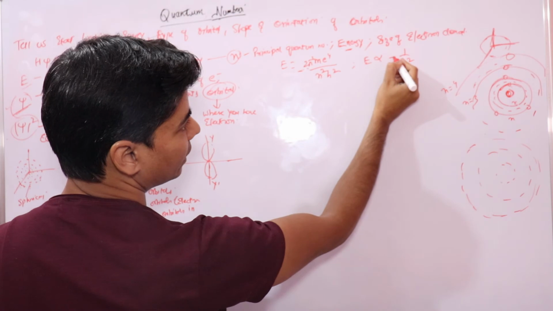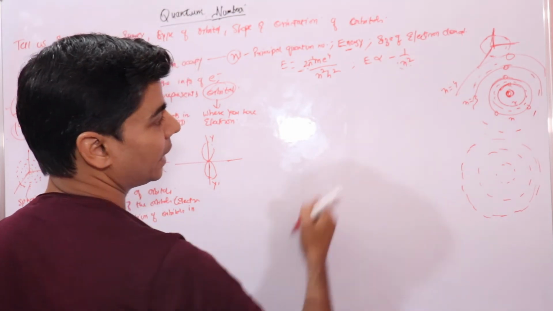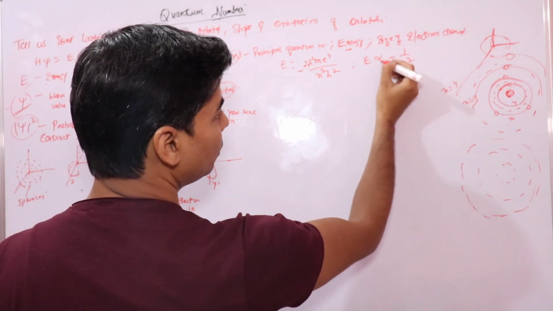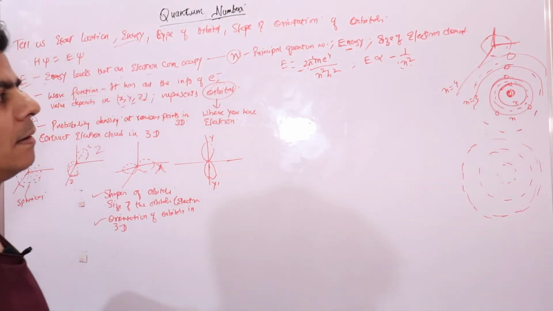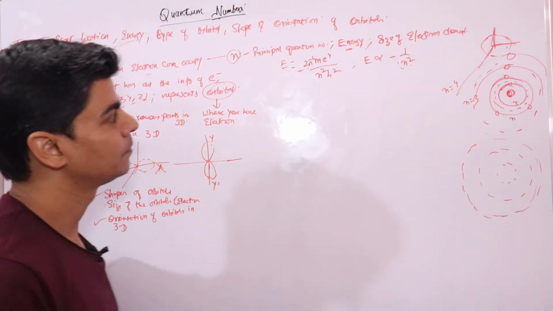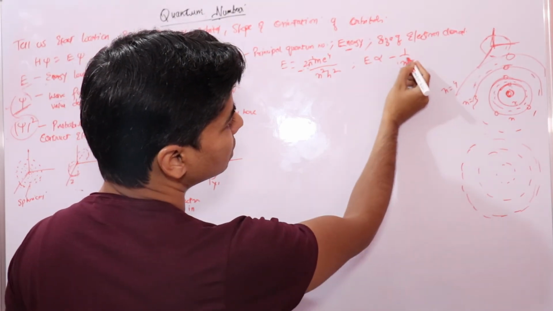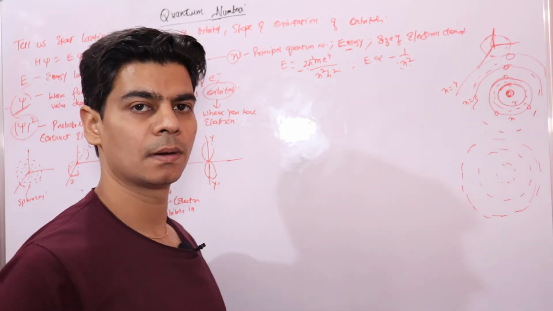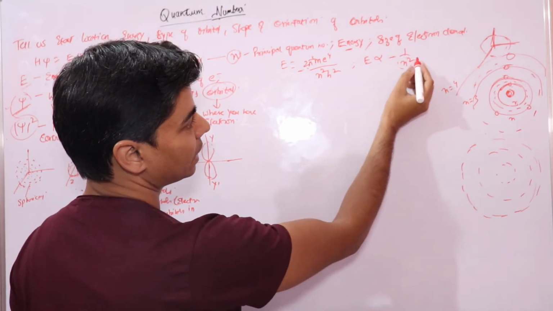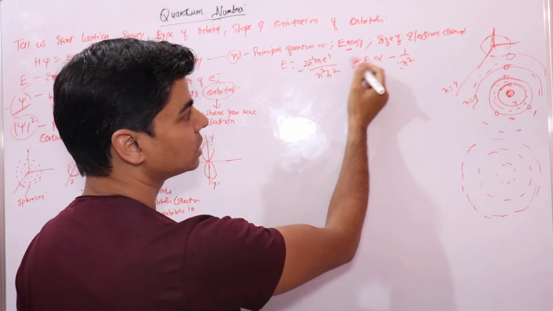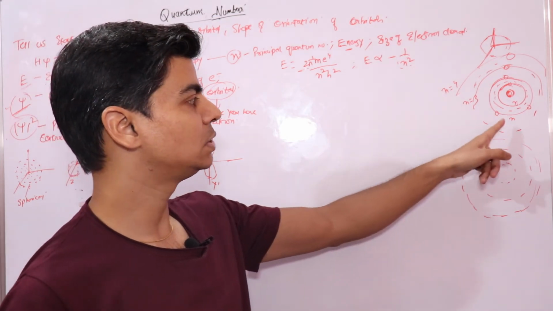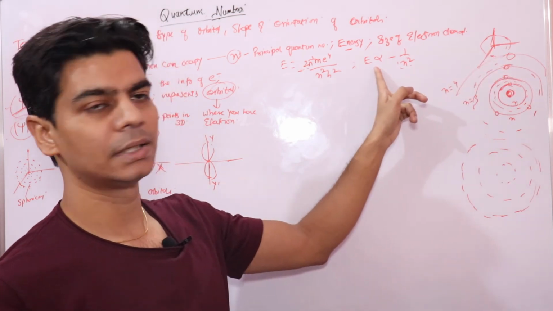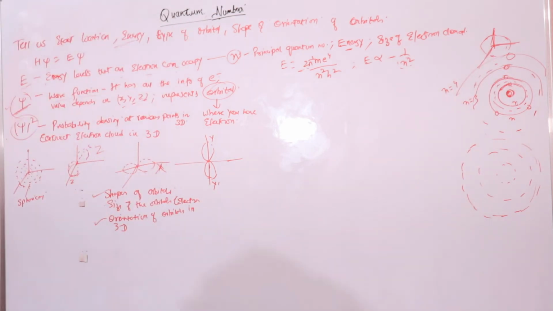Since we have a negative sign here, the more the value of n, the less would be this quantity. So because of the negative sign, the more the value of n, the more is the energy. More value of n means you are moving away from the nucleus, and higher is the energy. So these are the two main pieces of information provided by the principal quantum number.